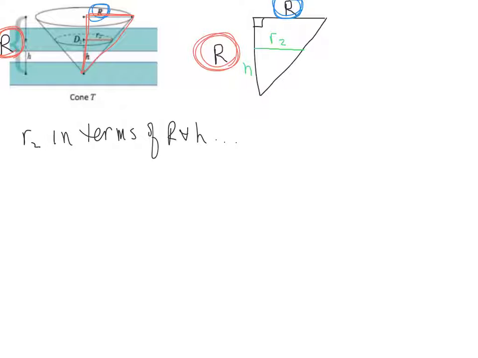To find little r2 in terms of big R and h, I can set up similar triangles and ratios.